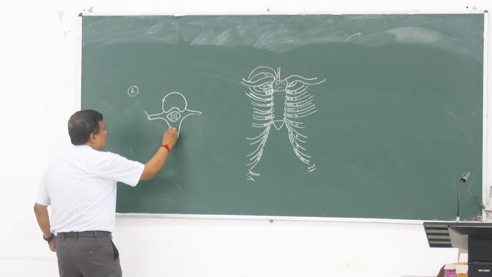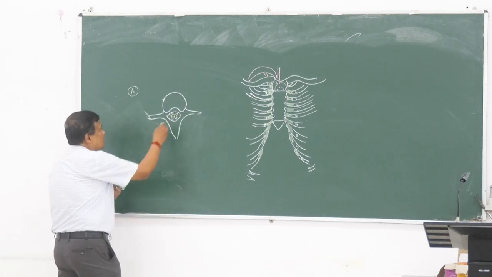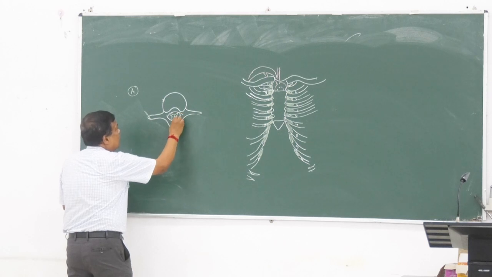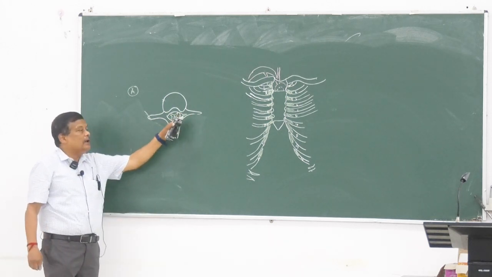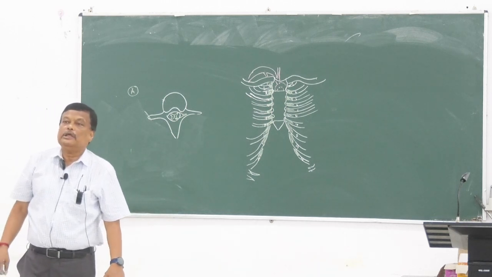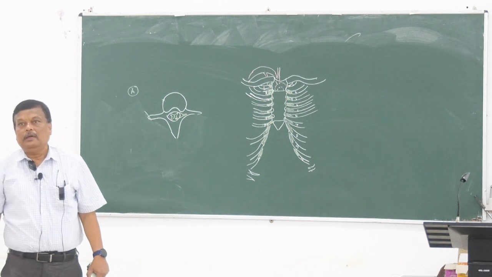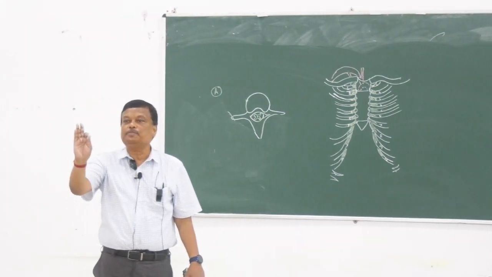This spinal nerve that I am saying has two roots, an anterior root and a posterior root, and they join together at the level of the intervertebral foramen to form the thoracic spinal nerve. It is not yet the intercostal nerve. It is the thoracic spinal nerve.